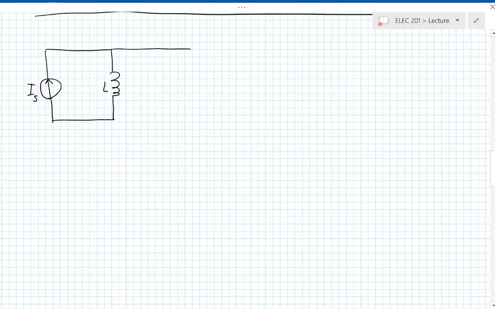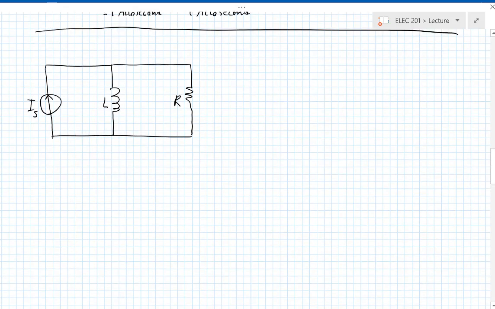And I also put a resistor R right here. So I want to see how things change now. Okay? And so I want to do it first qualitatively.